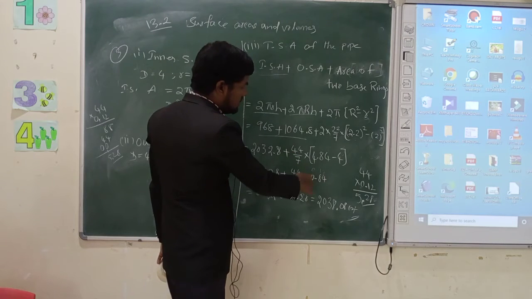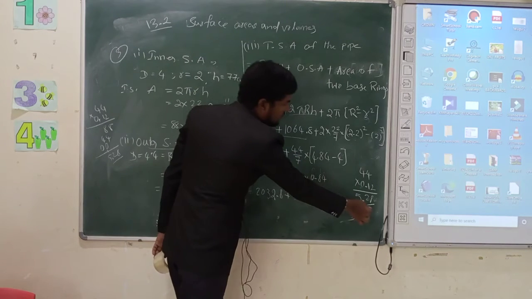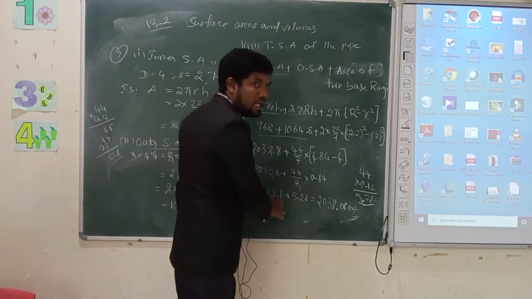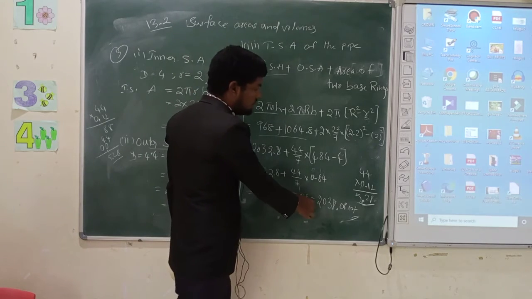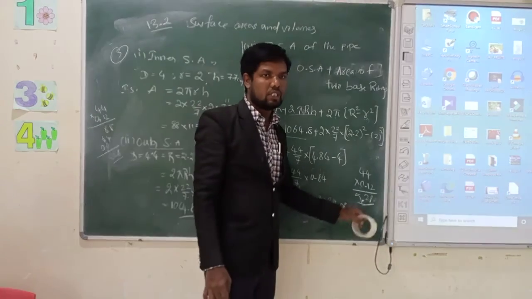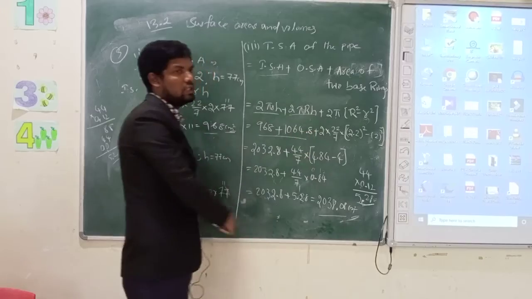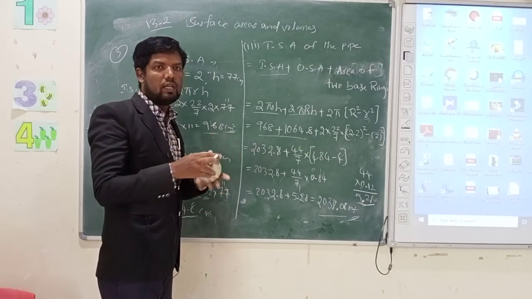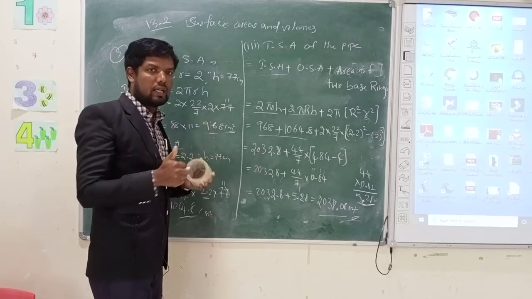Simplifying 44 by 7 into 0.84, you get 5.28. So 2032.8 plus 5.28 is equal to 2038.08 centimeters square. This is the total surface area of the given pipe, with inner one, outer one and base areas. Okay, clear?